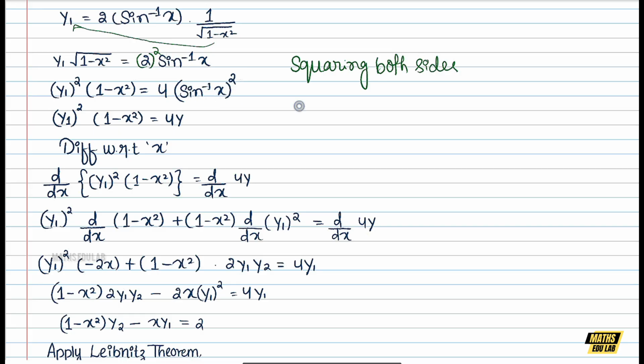So it is given in the question y is equal to sine inverse of x whole square. That's what I have considered this value as y.